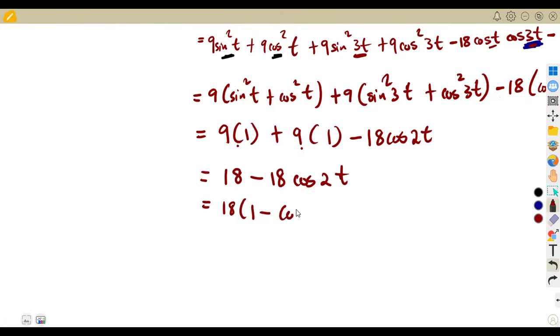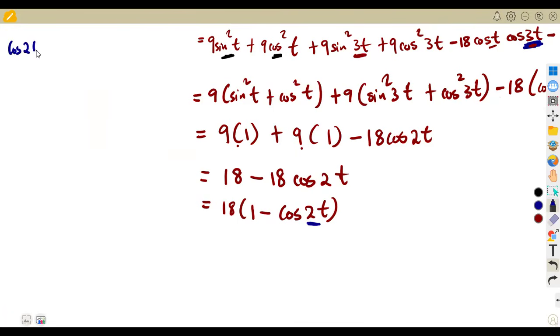1 minus cosine of 2t. Let's get back to our identities. From our double angle identities, we've got the identity of cos 2x. Cos 2x as it is cannot work because this is a cos again, all right? There are 3 identities there.